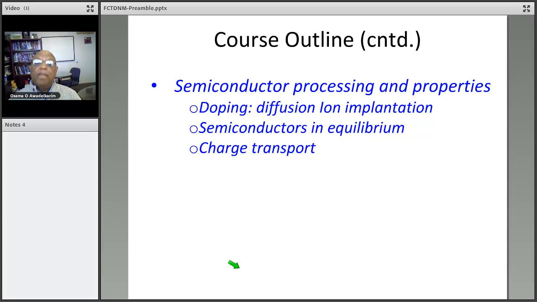And then, before we move on to the last part of this course, we will spend some time looking at semiconductor processing and properties. And by processing we mean doping, where properties of semiconductors are electrically and optically modified. And in doping we'll discuss doping using diffusion and doping using ion implantation.